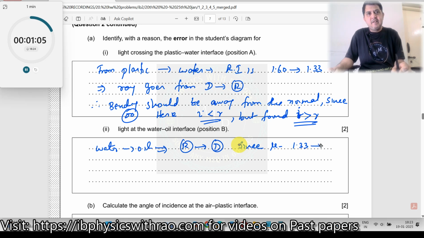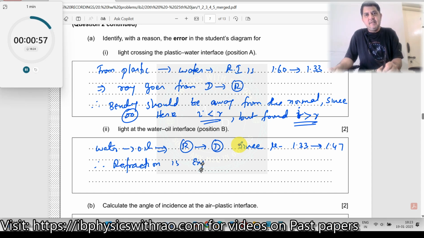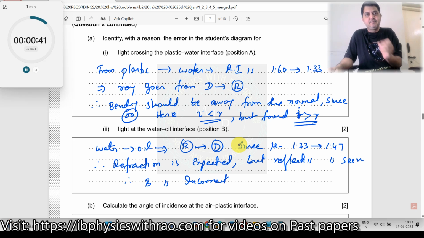Therefore, refraction is expected, but reflection is seen. You have to write the whole thing, only then will you get 2 marks. Therefore, B is incorrect.